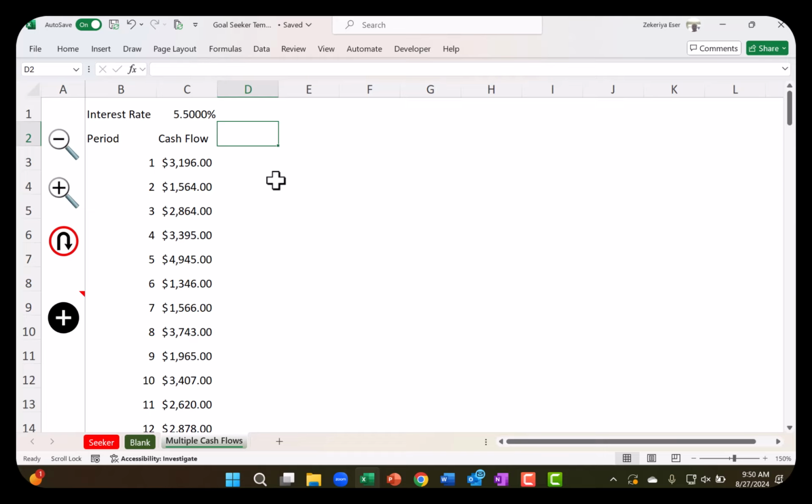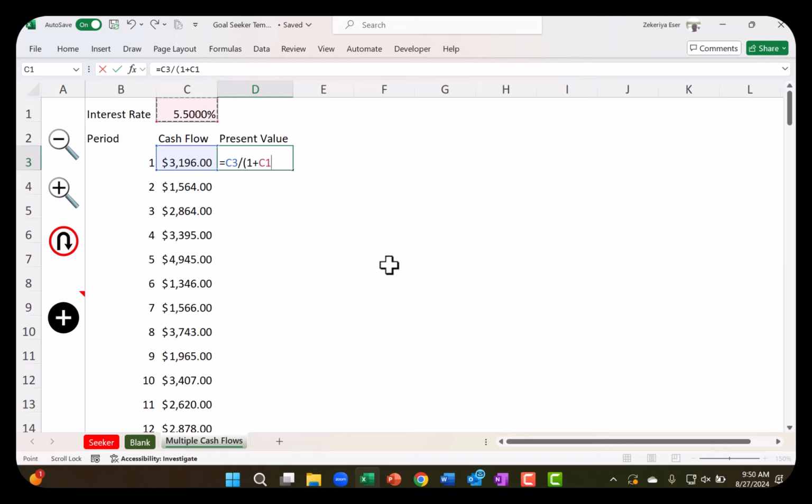One way to do it is calculate the present value of each. And that's easy to do. Take your cash flow, divide that by 1 plus interest rate raised to the power number of periods, right?